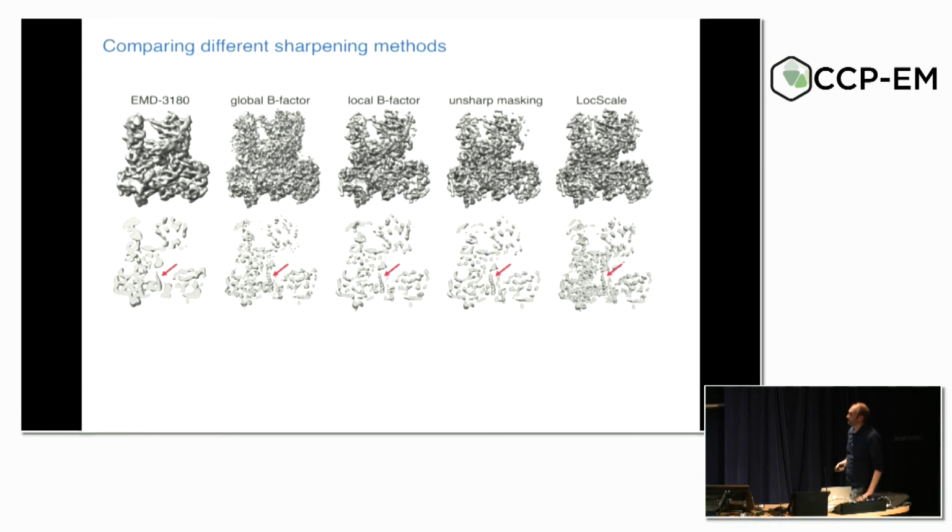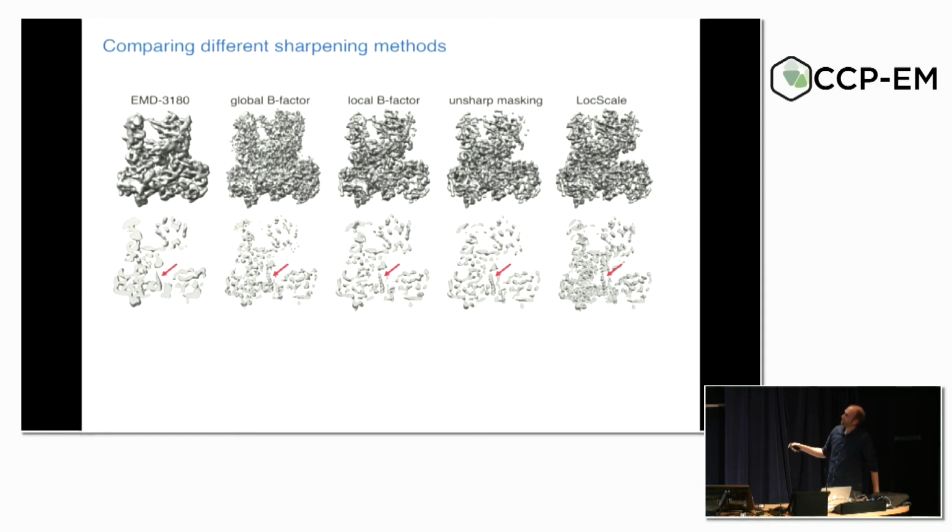And then, once this all is set up, we're interested to see if it actually improves anything. So if you look at the original reconstruction here, this is RNA polymerase again, and I want you to look at this particular helix that is basically a slice through the density here. If we use a global B factor, we see that we increase the level of displayable information in this interior part, but you also see that some of the low resolution parts at the periphery become very noisy.